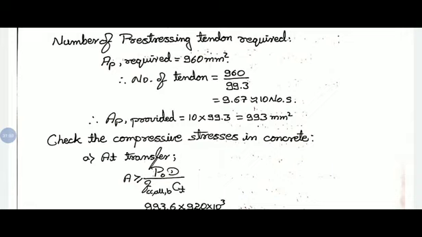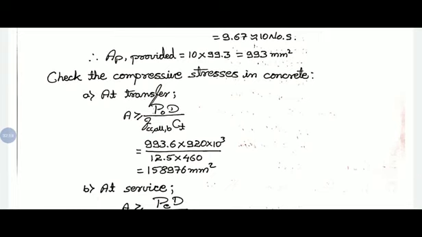Now we need to check whether the cross section we have provided is safe or not. Whether the concrete section we have provided is safe for the stress or not, that we need to find out. So for that, at transfer stage, area should be greater than or equal to P naught D upon FC, the allowable tensile stress at bottom, into CT.